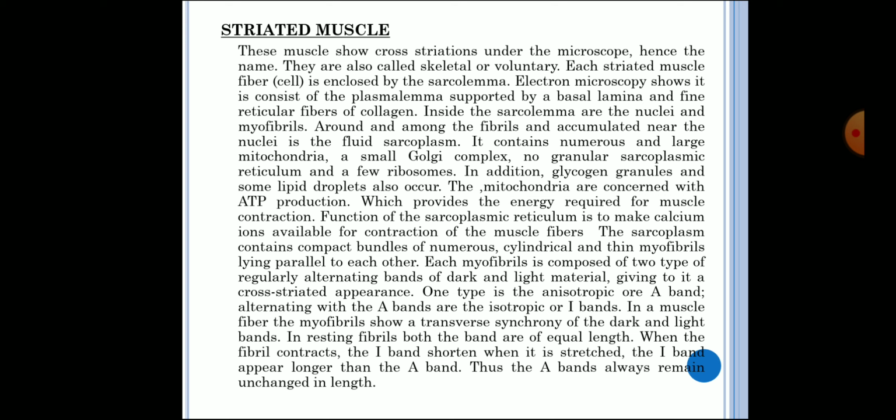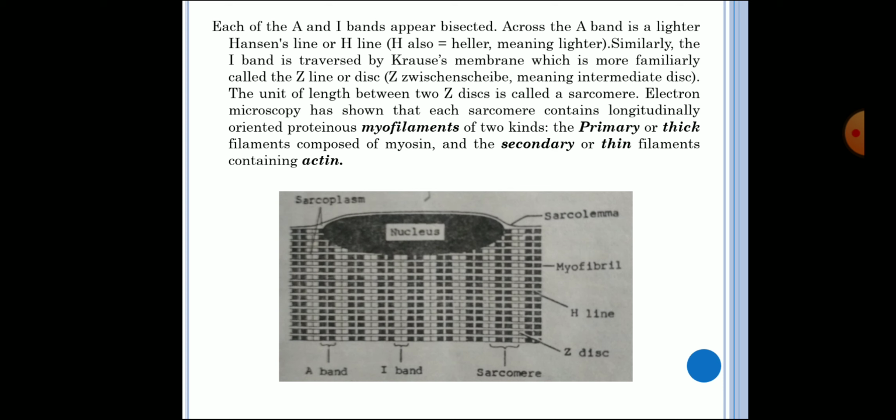In a muscle fiber, the myofibrils show transverse dark and light bands. In resting fibrils, both the bands are of equal length. When the fibril contracts, the I bands shorten, while when it is stretched, the I bands appear longer than the A bands. Thus, the A bands always remain unchanged in length.